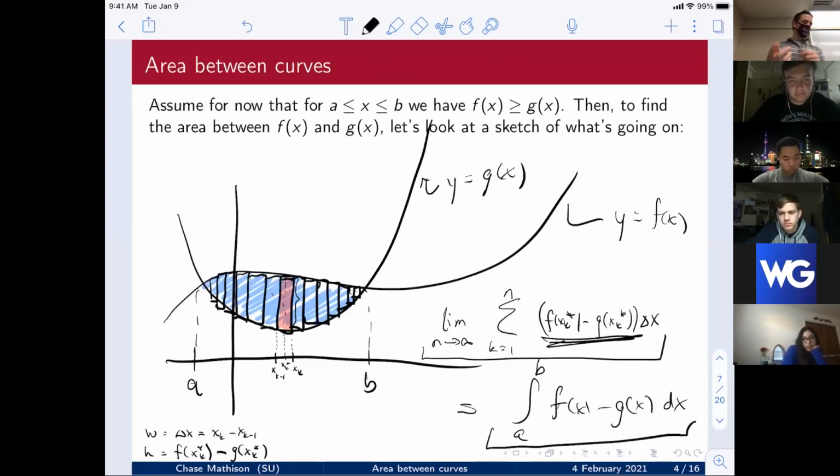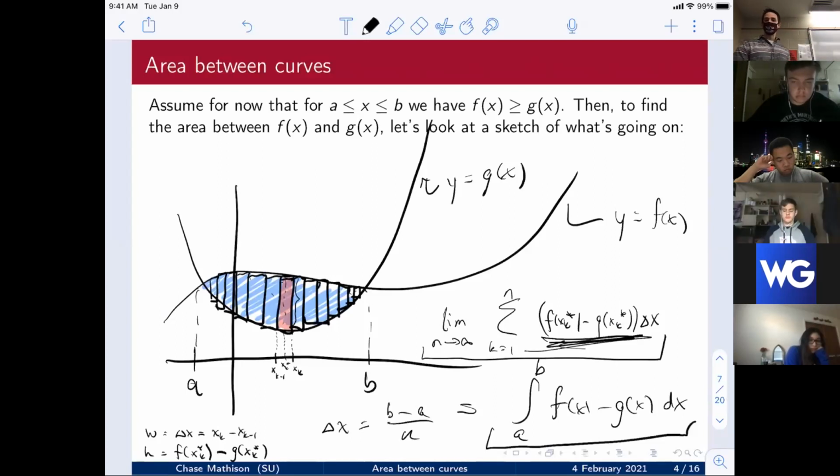If you're doing the Riemann sum, then because we're taking all the step sizes to be the same, you take delta x always to be b minus a over the number of rectangles you're using. And then you just plug into this. Depending on what xk star is, in the homework, you're using left endpoints or right endpoints.